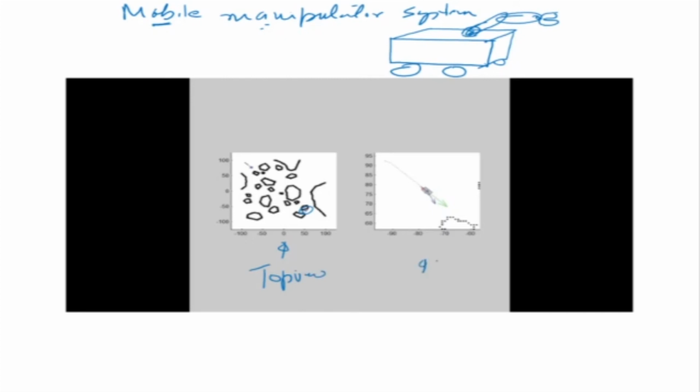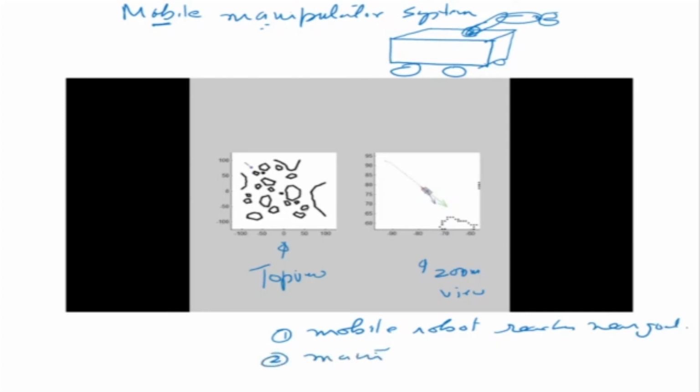The right side view is showing you the close-up. This is the zoom view. So you can see the robot there. Now the manipulator on top is folded initially. So what it does basically is that the mobile robot reaches near the goal, and then the manipulator opens up to position the arm as desired.